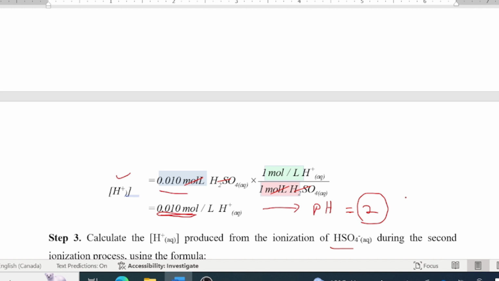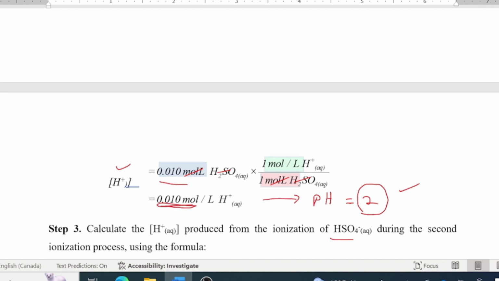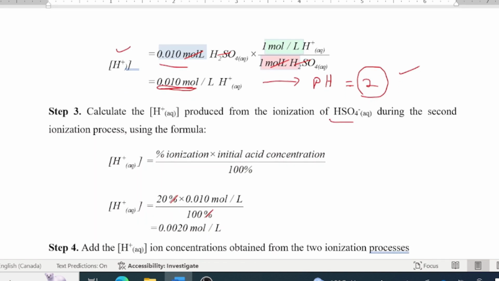But this is not accurate because we have to do the other part, where the hydrogen sulfate is now going to ionize to give you some more H plus. So let's see what happens with this guy now. It is only 20% ionized. So we know this is what the first ionization gave you, for the first mole. If you find 20% of that, you get this.